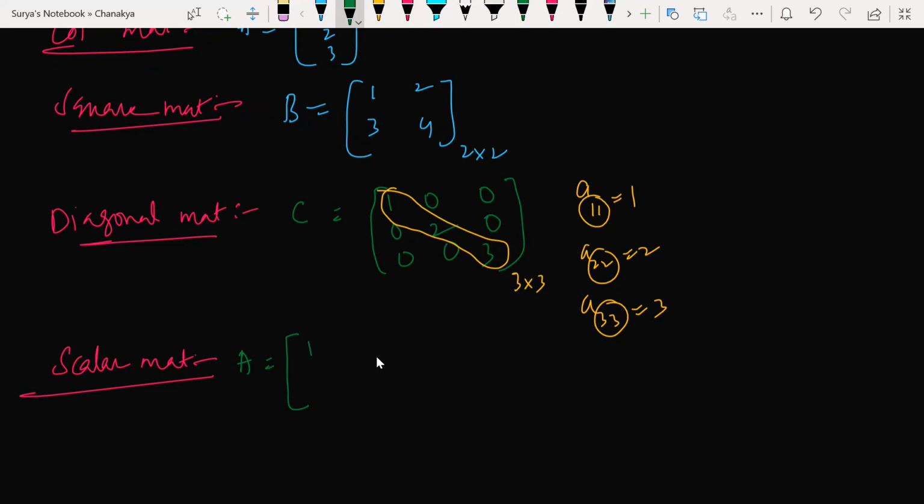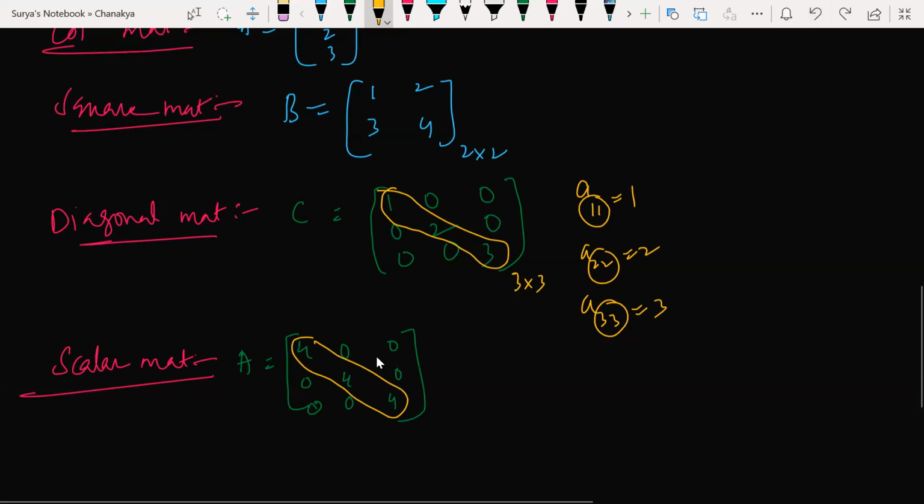All the elements should be 0 except the diagonal elements. All the diagonal elements should be the same. Let's say here 4, 0, 0, 0, 4, 0, 0, 0, 4. You understood my point? These are the diagonal elements. They should be equal.